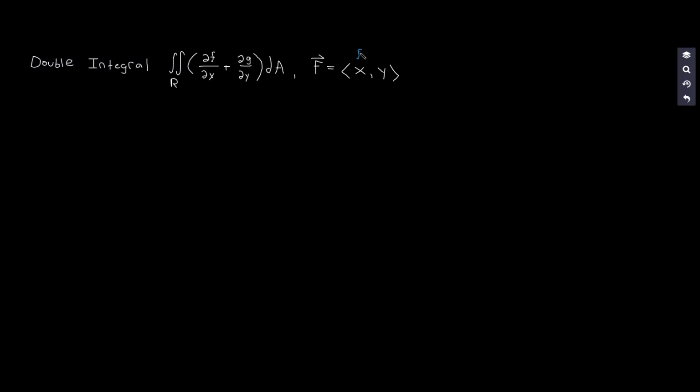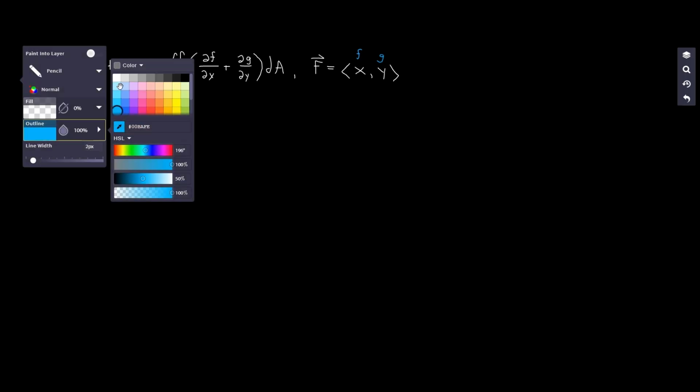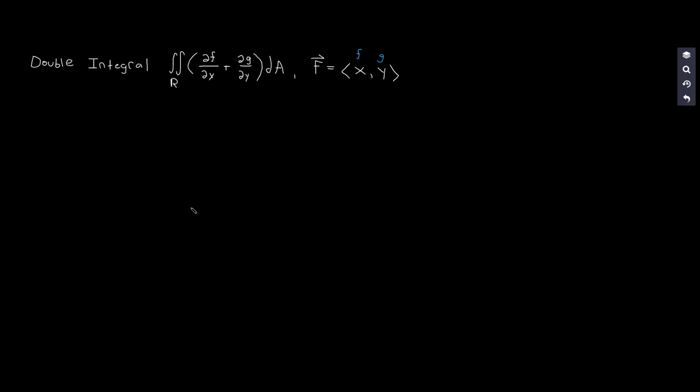X is another name for f and y is another name for g. So if that's true, then we can find pretty easily the partial derivative of f with respect to x, because that's going to be 1. And the partial derivative of g with respect to y, that's also going to be 1.